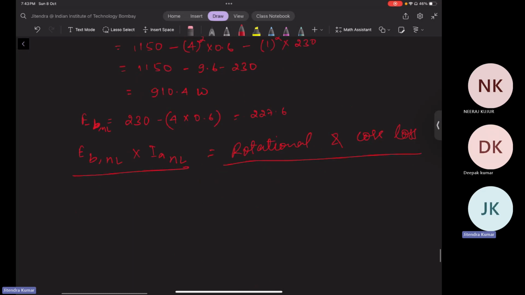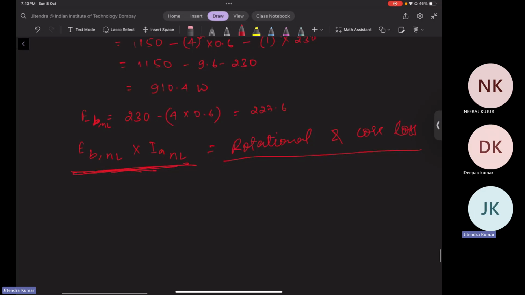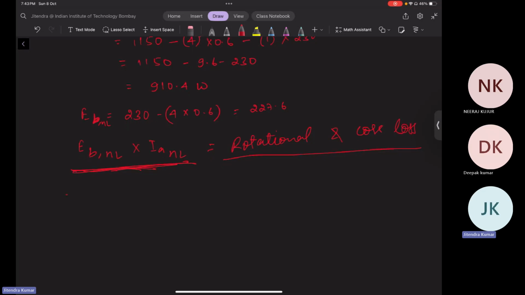It is very useful in some examinations if you want to quickly figure out the rotational and core losses, you just multiply this expression. Anyway, your armature is rotating, so whatever current goes in your armature at no load, that loss is voltage into current. So back EMF into no load current will provide you the rotational and core losses. If you find EB no load, which we calculated as 226.6, into IA no load, which is 4 amps, you will get 910.4 watt.